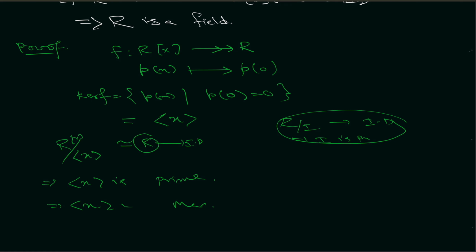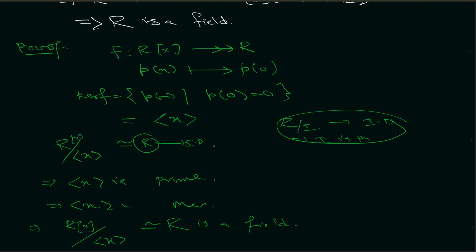This means the ideal generated by x is a maximal ideal, because you are in a PID, so every prime ideal is going to be maximal, and conversely. So this means that R[x] by the ideal generated by x, which is isomorphic to R, is a field.